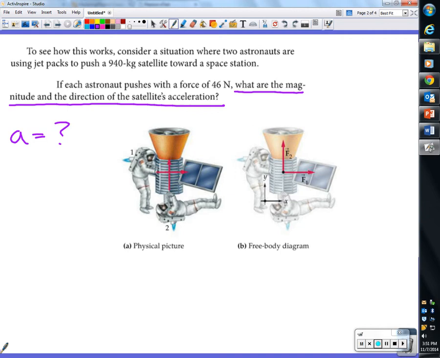So, a couple more things that we need to know here. First, if it says that it's a 940 kilogram satellite, the fact that it's in kilograms gives us the mass. And then it says there are 2 astronauts using jetpacks to push a 940 kilogram satellite towards a space station.